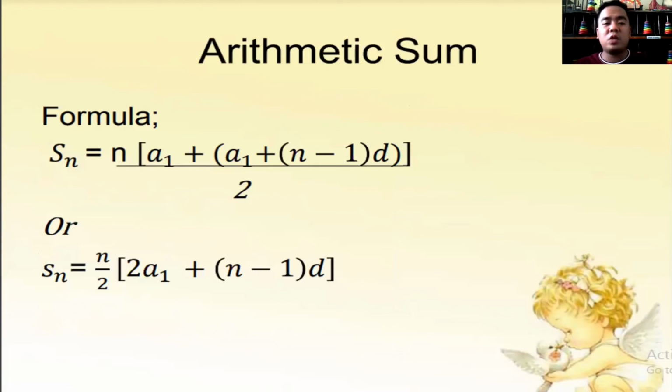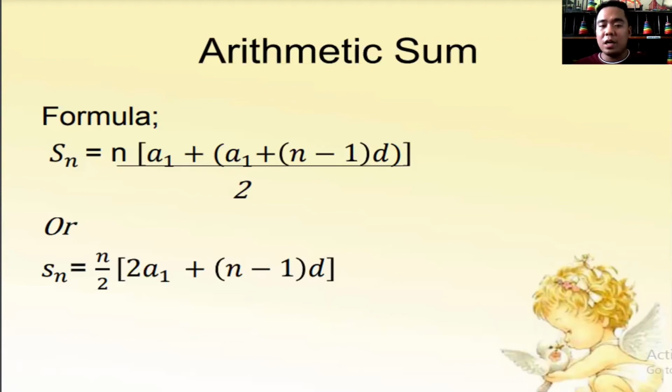Easy ra kayong formula. To get the arithmetic sum, you have n over 2 quantity a sub 1 or your first term plus a sub 1 plus n minus 1 times d. Or kung atong i-simplify, you have the sum of the terms in the sequence is equal to n over 2 open parentheses 2a sub 1, meaning duha ka first term.